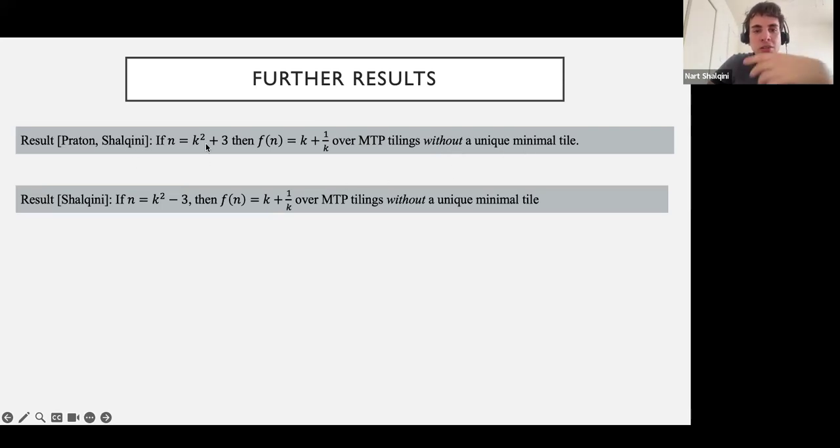My advisor and I proved this for the case when there are 3 more squares than a perfect square. And I also, basically by imitating his proof, proved that if n is k squared minus 3, then f of n is k minus 1 over k, but only if we consider tilings without a unique minimal tile.